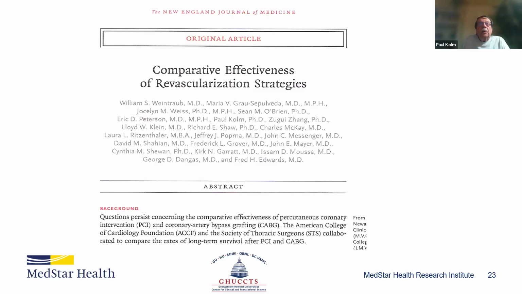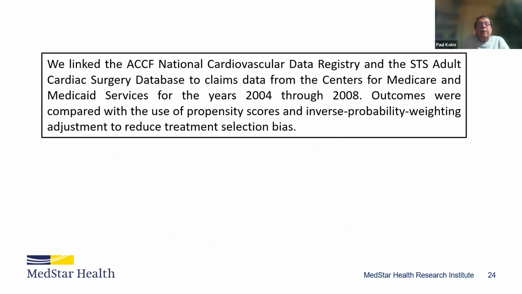And so what this involved was matching two different databases, from the NCDR database and then the Society of Thoracic Surgeons database. And this was for the years 2004 through 2008.